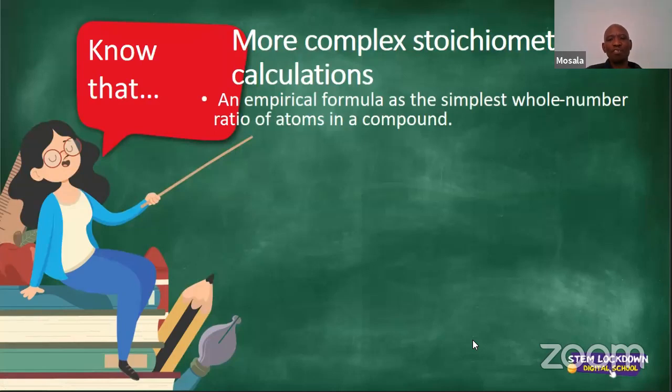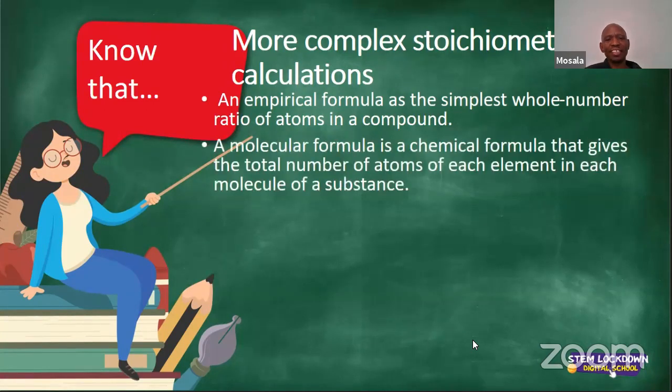So an empirical formula is the simplest whole number ratio of atoms in a compound. Whereas a molecular formula is the chemical formula that gives the total number of atoms of each element in a molecule of a substance.